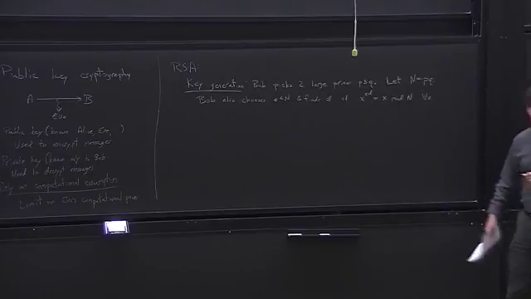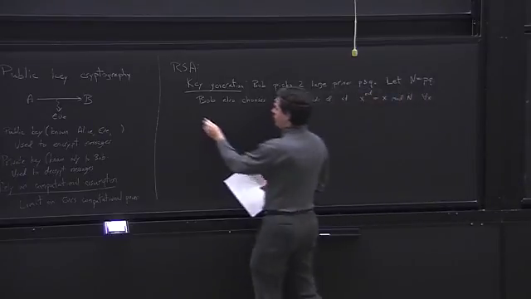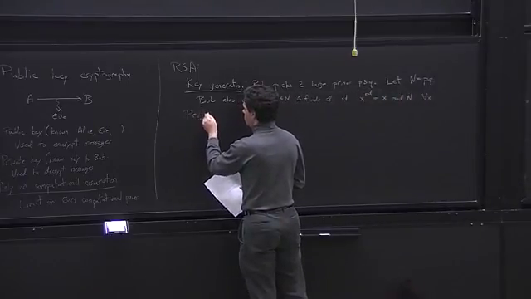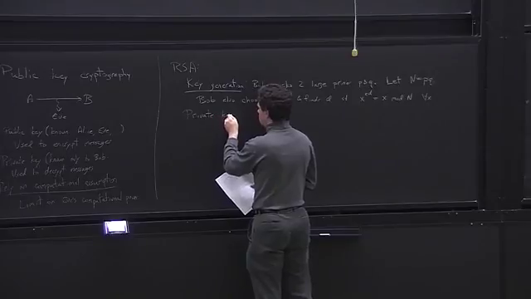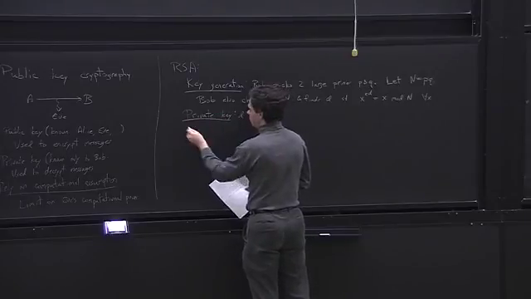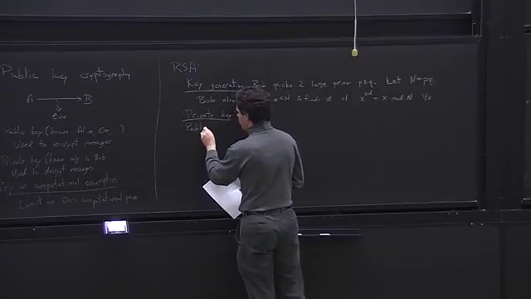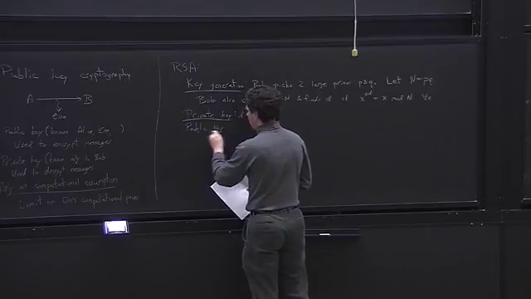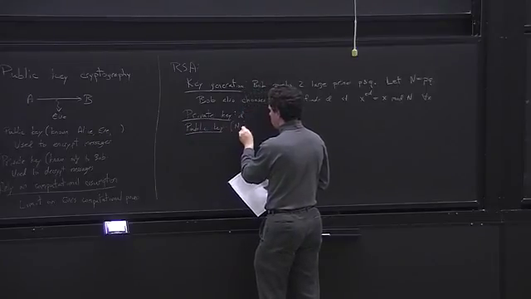And again, I'll tell you in a little bit how to do this. Then the private key is d, and the public key is the pair n and e.